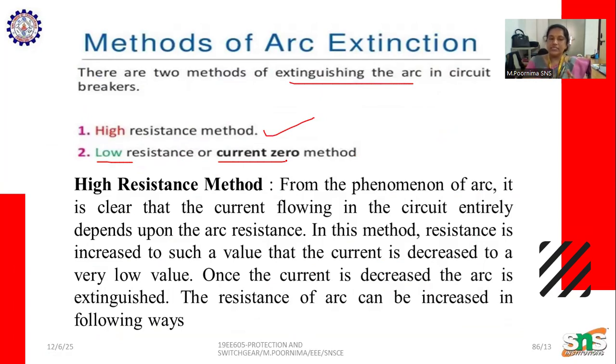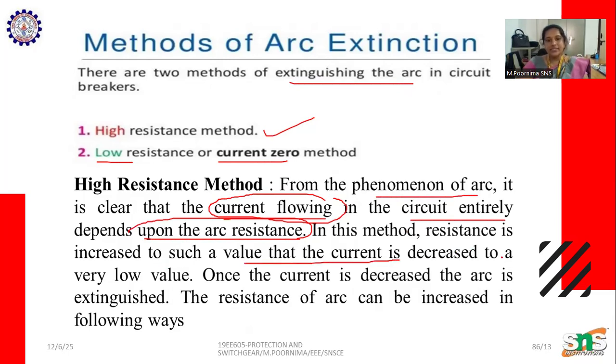Let us discuss the high resistance method. From the phenomena of the arc, it is clear that the current flowing in the circuit depends entirely upon the arc resistance. In this method, the resistance is increased so that the value of the current decreases to a very low value.